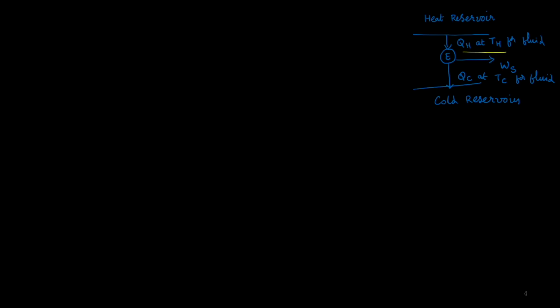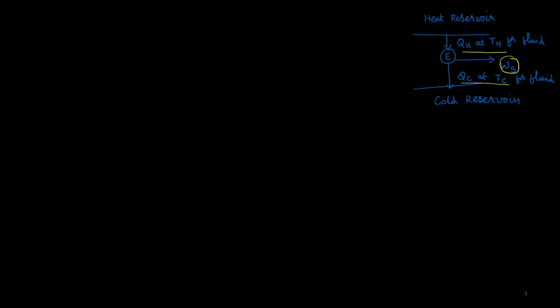Let us say this amount of heat it discards to the cold reservoir, at a different temperature Tc, is equal to Qc. Then essentially what the engine will do is absorb heat QH from the hot reservoir at a temperature TH and discard heat Qc at a temperature Tc to the cold reservoir, and in the process it also does a work equal to Ws on the surroundings. So this is something we call a heat engine, right?